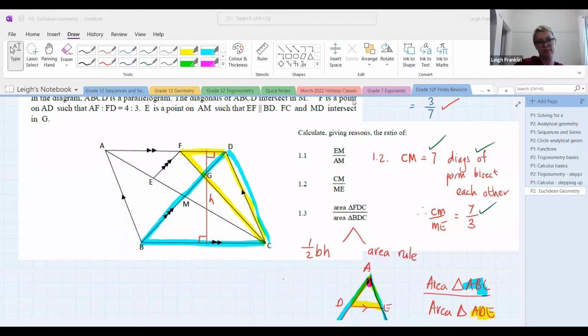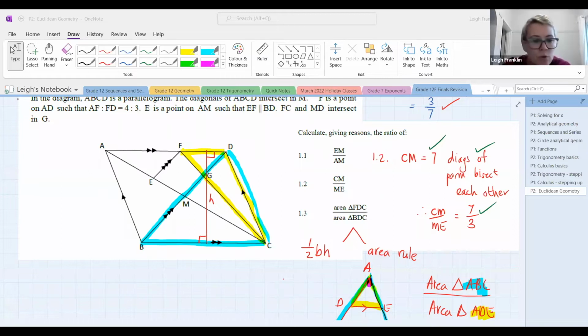And if we consider BC the base of triangle DBC, its vertex is in line with line AD as well. So the red line represents the perpendicular height of both triangles. Does that make sense to you?